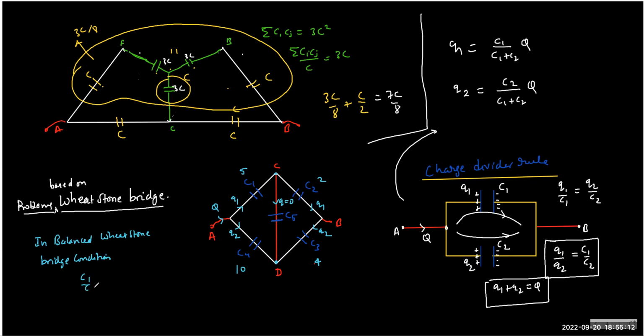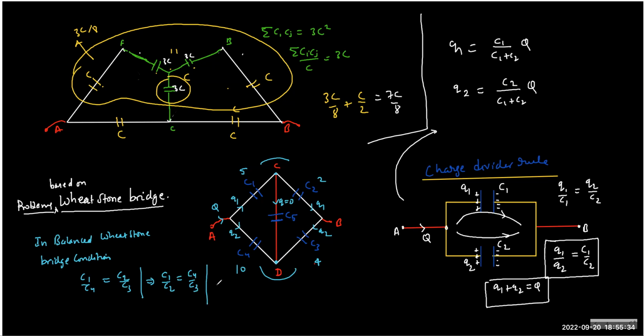So you can say C1 by C4 must be equal to C2 by C3. But this can be rearranged in multiple ways. So one way of writing is 1 by 2. You can also check the ratio this way. So 1 by 2 is 4 by 3.